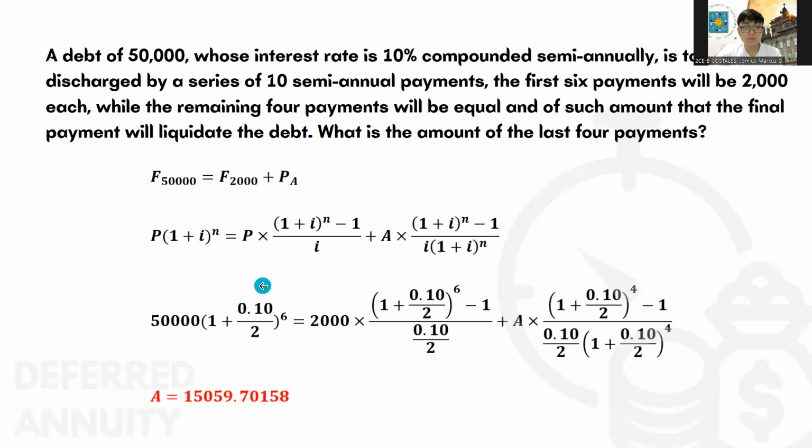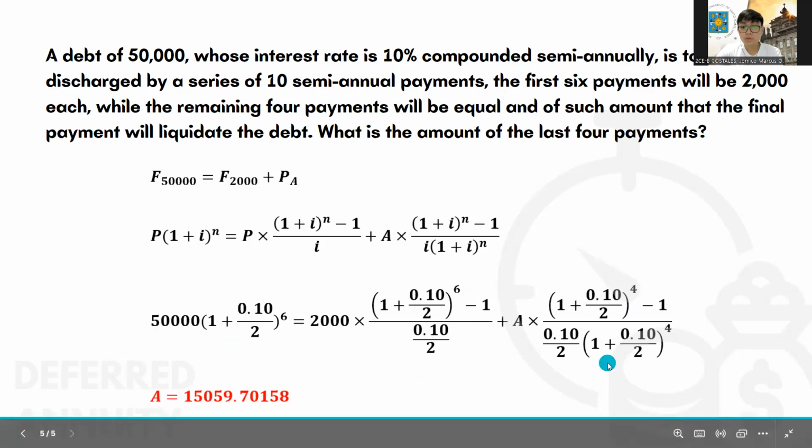And by simply substituting the values of R and M and N, wherein N is equal to 6, since there are 6 payments done on the 50,000 debt as well as the 2,000 value payments. These are done in 6 periods, while the present value of the annuity will only be done in 4 payments, so note that the N should be equal to 4.